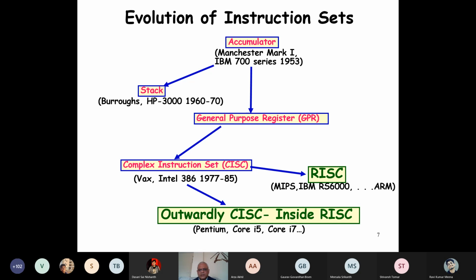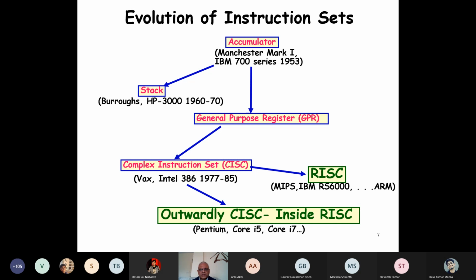That means the instruction set is still CISC, complex instruction set computer, but inside they translate the CISC into RISC in the hardware. In an advanced course that I was mentioning, we discussed this in detail, but here we just know that this is what happens in the Intel computers. We will not have that much time to discuss how they do it.